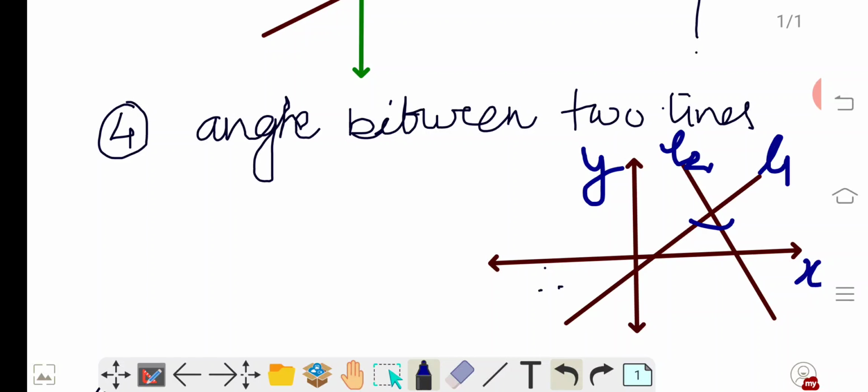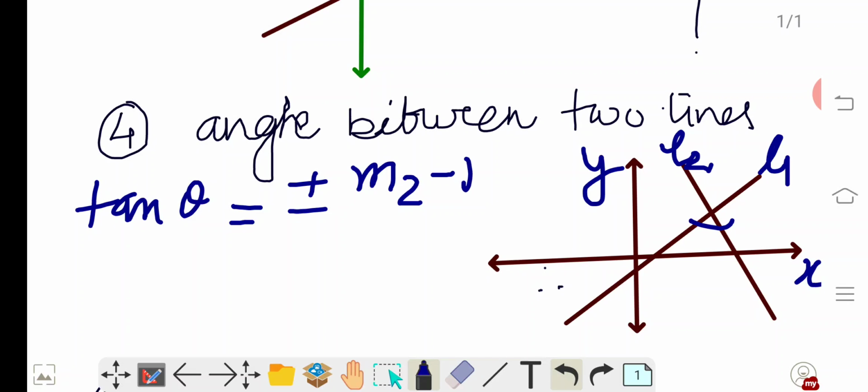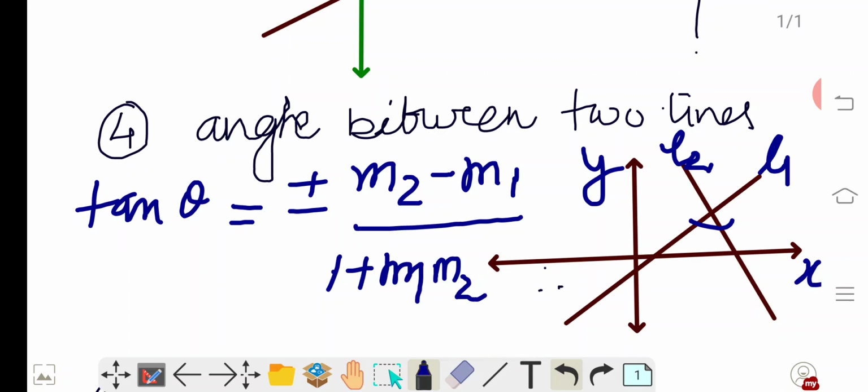Therefore the angle between these two lines is given by tan theta = plus or minus (m2 - m1)/(1 + m1 m2).